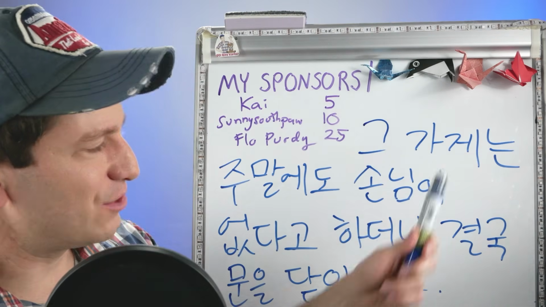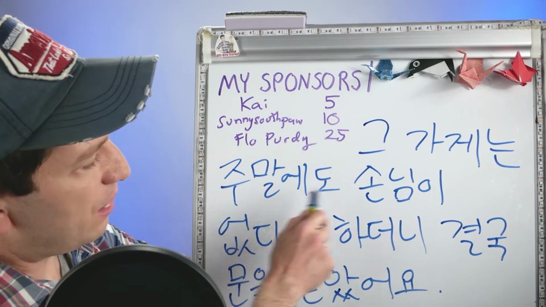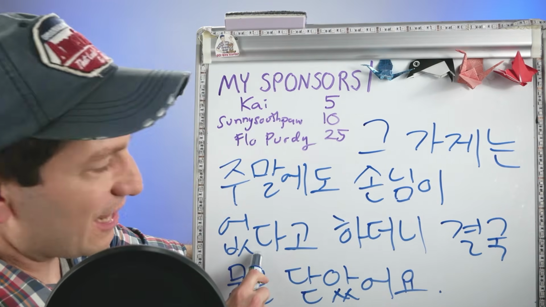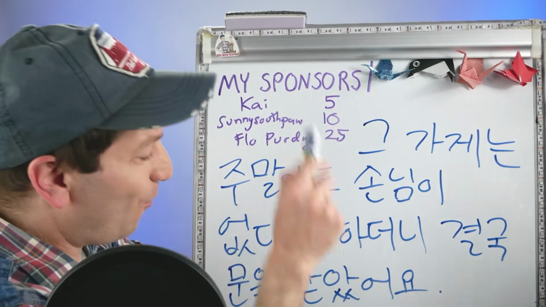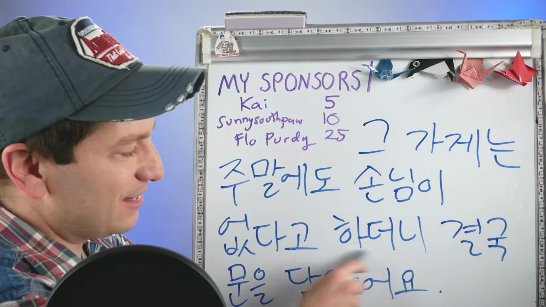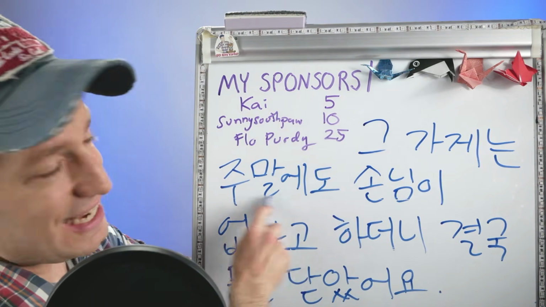그 가게는, so that store, 주말에도, so on the weekends as well, 손님 is a guest or customer in this case. 손님이 없다. There are no customers. 없다고 하다. So says. They said 하더니. So that store said that there are no customers on the weekends either.